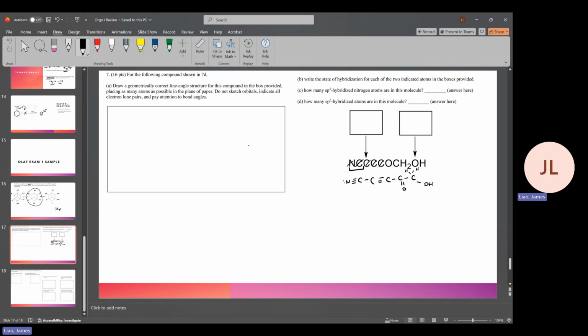Okay. So now with the geometrically structurally sound materials, we can figure out the rest of the problems. But let's draw the geometrically correct structure.